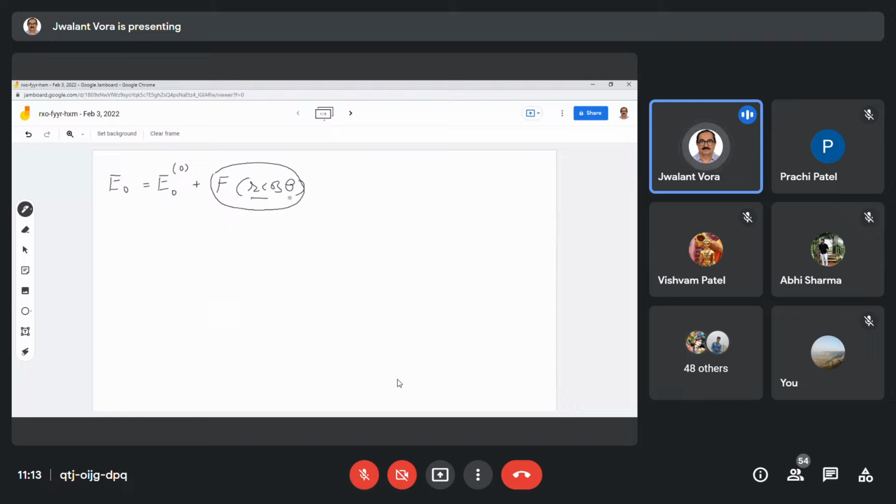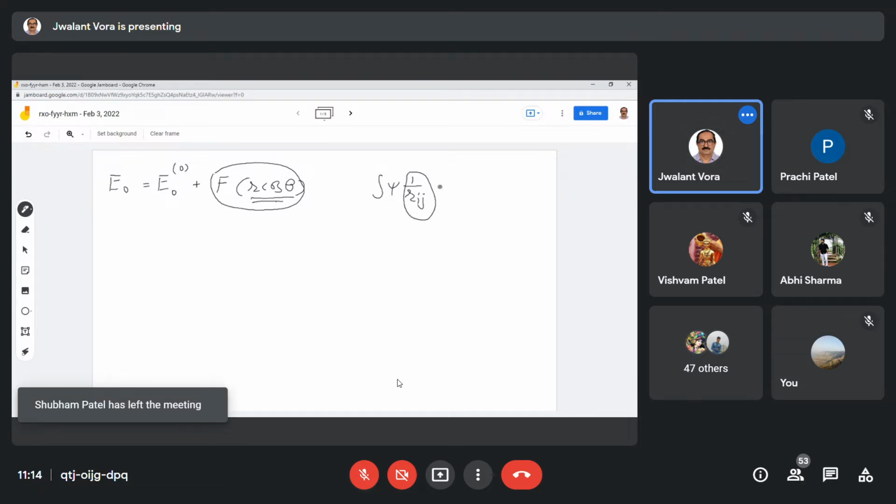R cos theta. Now it is the integration that we are using. The integration you remember in perturbation, psi 1/Rij, this is the interelectronic repulsion term, into psi d tau. D tau value, that is dx into dy into dz.